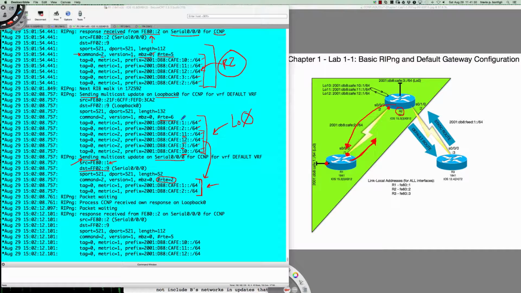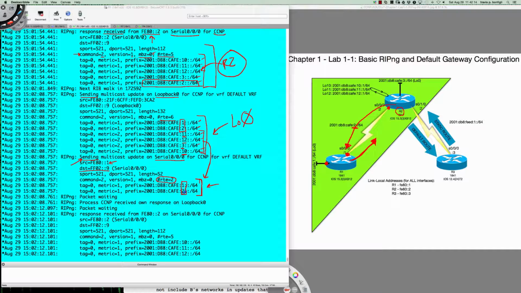Now, keep in mind, 1 and 2, right? So why is it advertising 2? And this is a great question. A lot of learners have this question. Because I just made the statement that, take a look, we're receiving 2 right here, right? And this is being received from router 2.